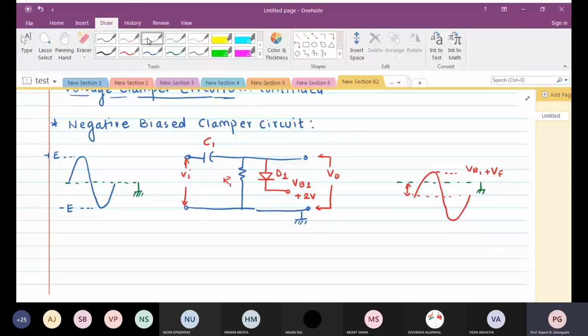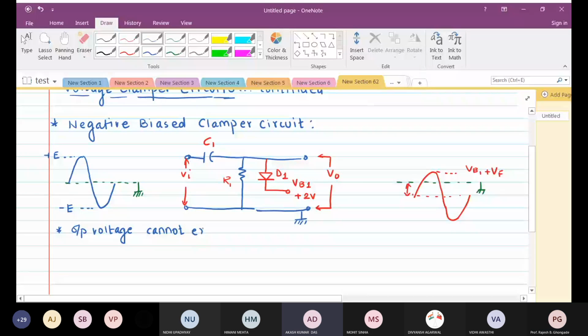Let us see why this happens. Of course, it's very simple to understand that way. So first of all, the output voltage cannot exceed VB1 plus VF. Why is this condition there?